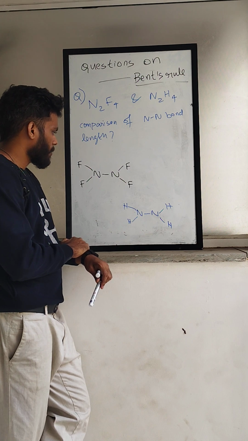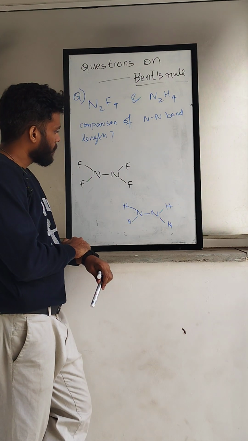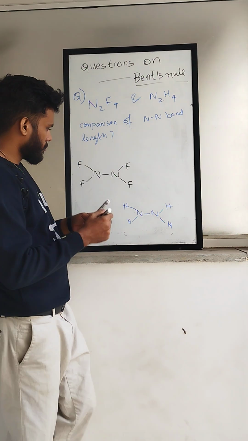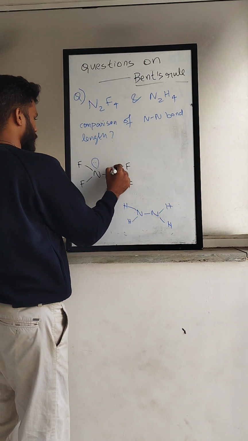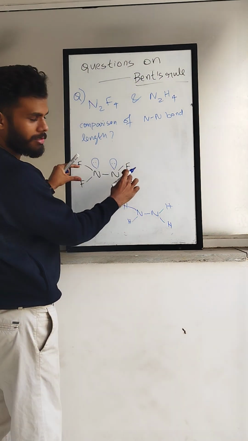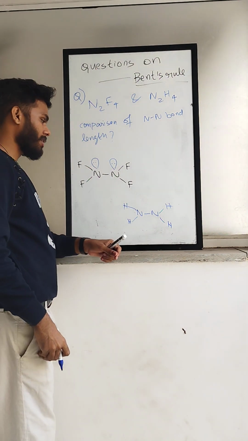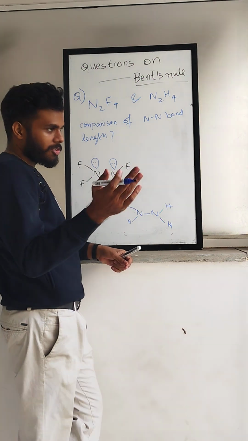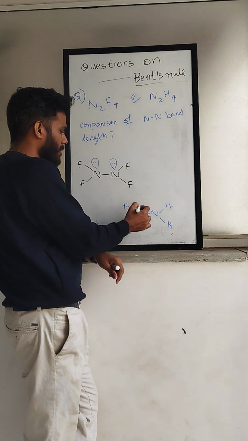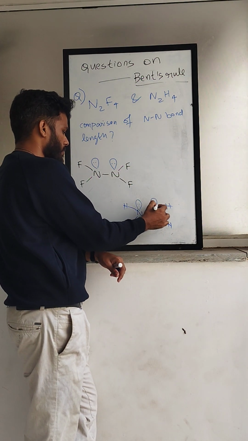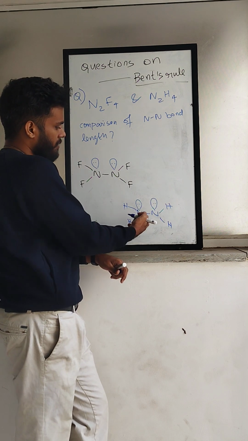Now let's see what will happen here. There's a lone pair, so the fluorine atoms are not exactly on the plane. The structure is pyramidal, but the geometry is tetrahedral.